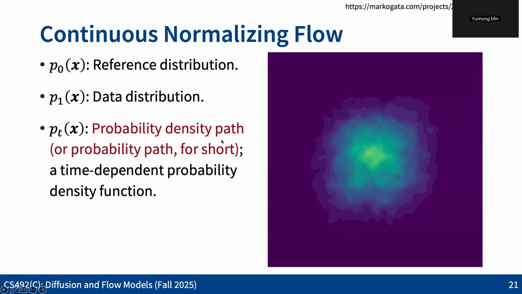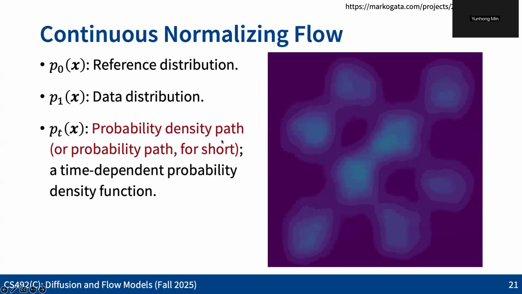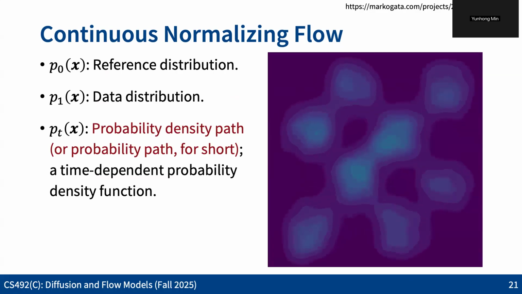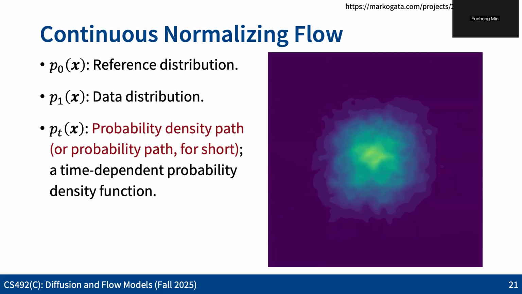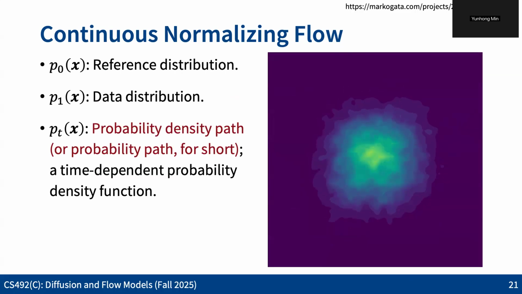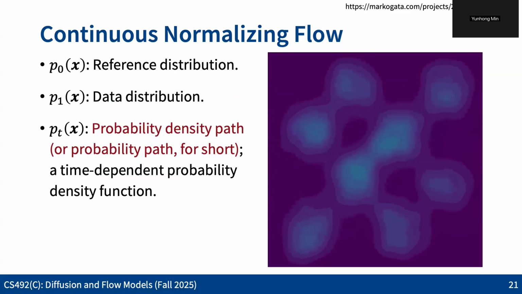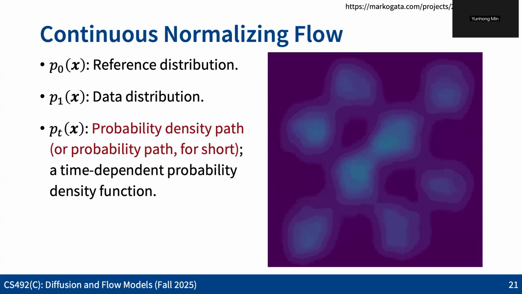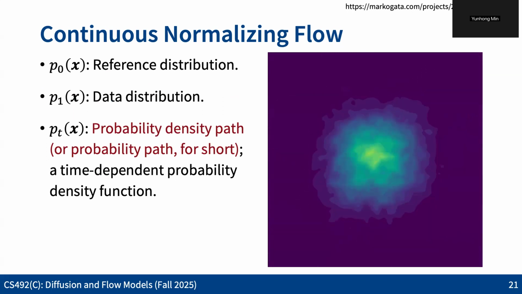And then in the diffusion model context, we have seen a probability distribution for the noisy data point, right? In the score-based models, we had the reference distribution and the data distribution, and then the probability distribution for the intermediate noisy data point xt.